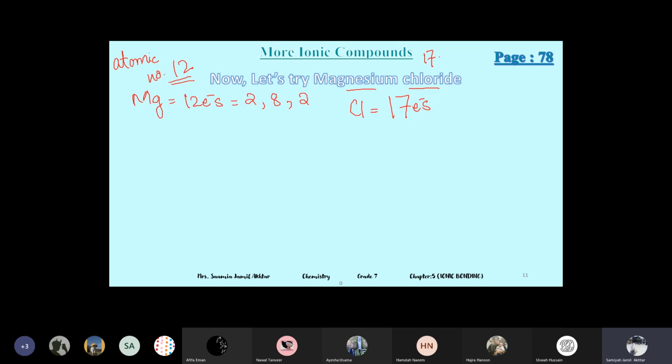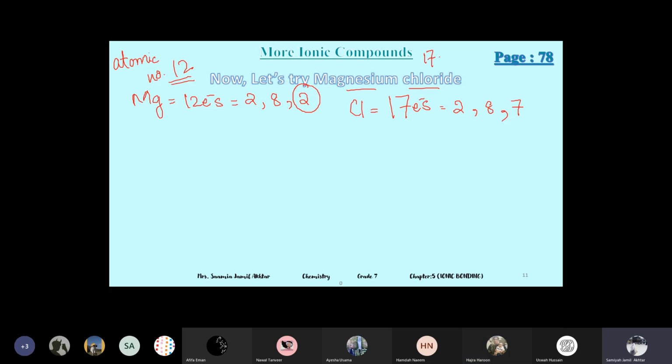For chlorine, it's 2, 8, and 7. Now please focus. Magnesium has 2 extra electrons in its outermost shell.